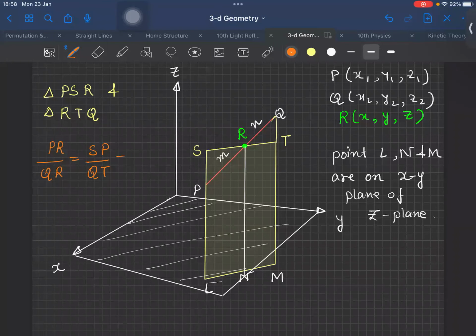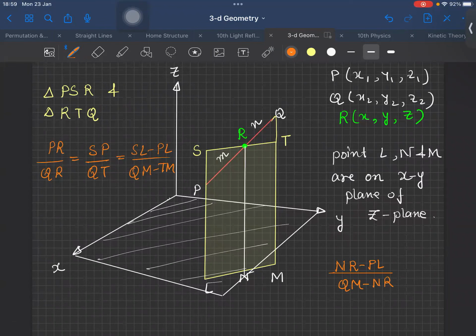SP should be equal to SL minus PL, divided by QT. QT will be equal to QM minus TM, right? This will also be equal to NR minus PL upon QM minus NR.